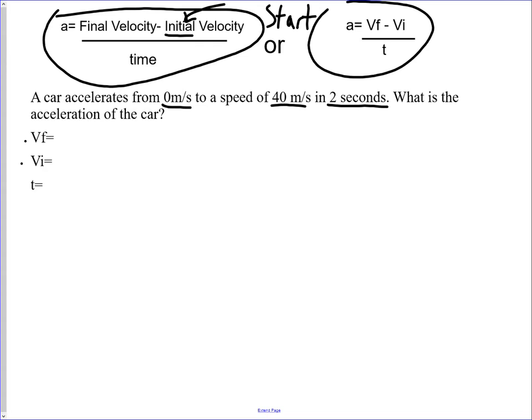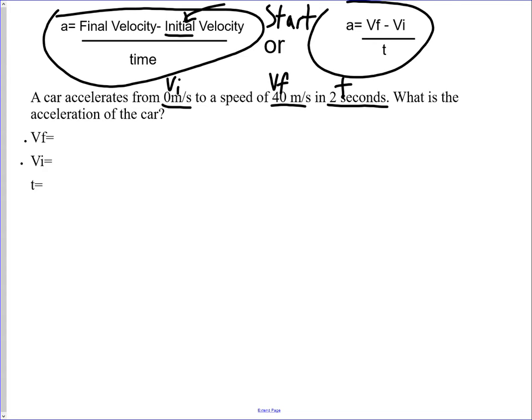I'm going to put a VI for this one, because that's what we're starting with. Then it changes, going from 0 to 40, so that's our final speed or velocity. And in 2 seconds, as we've done before with speed, seconds is a unit of time, so we're going to label that T.